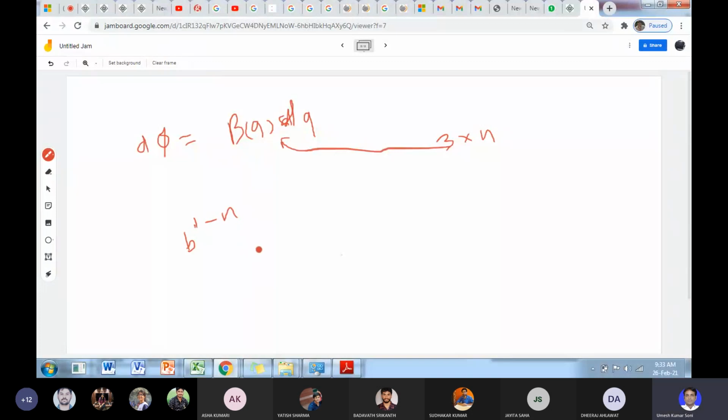So b1 is given by R1 0 and I3. I3 is the third column of the 3 by 3 identity matrix, that is 0 0 1.